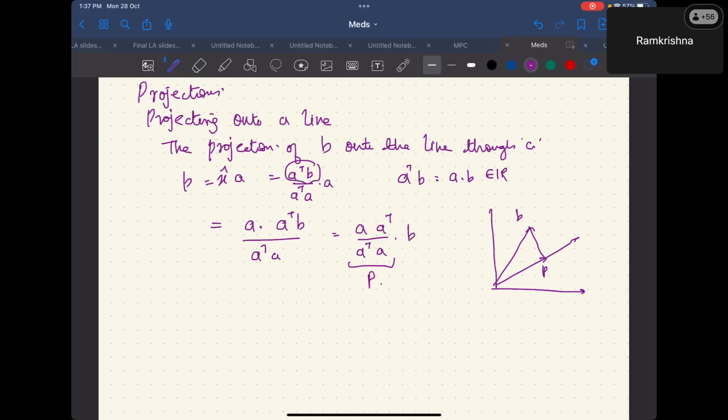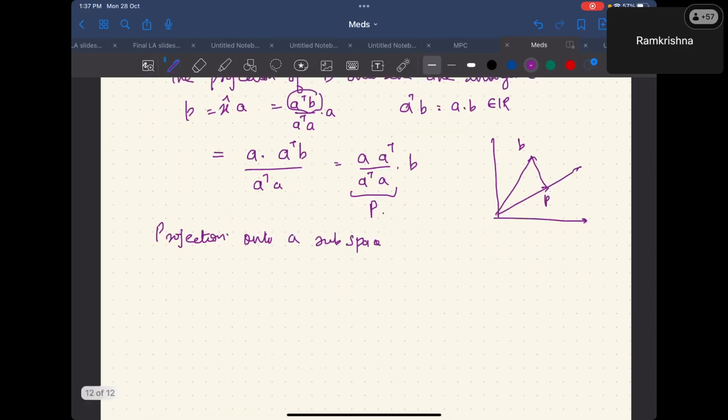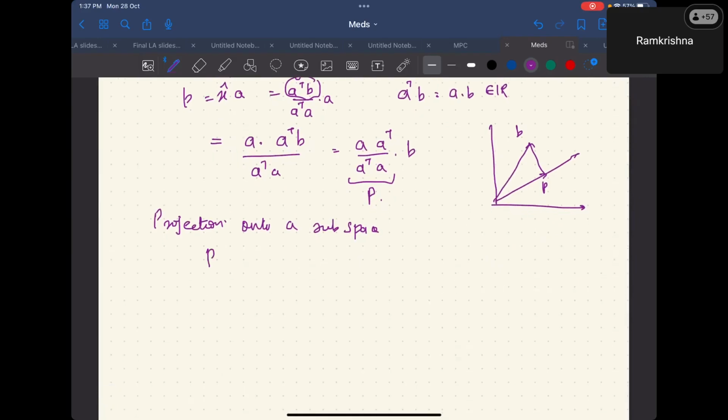Okay, that was the easier one, and then we looked at projection onto a subspace. Where P equal to x hat of A, during projection on a line, now goes to P equal to x1 A1 in all these directions until xn An.